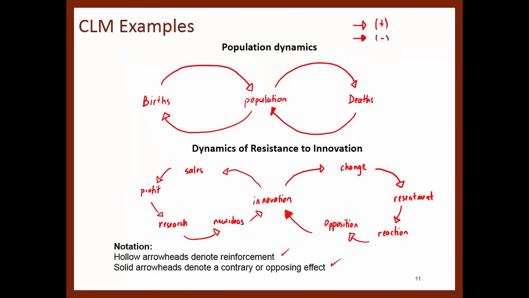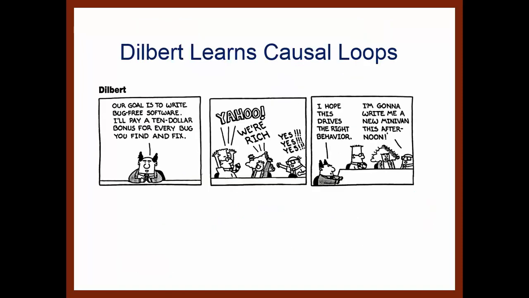So if we look at this opposition, how can we manage that opposition? Can we phrase the innovation in a different way? Can we make them part of the change? And so on. If we can target this, then we can change this to a positive arrow, and that will allow innovation to flourish.